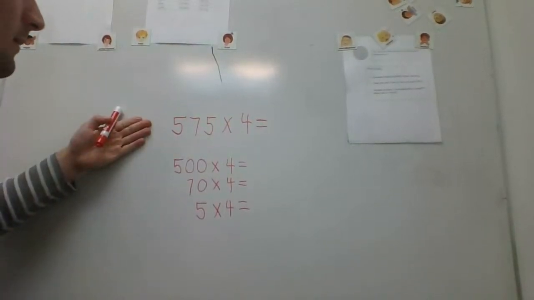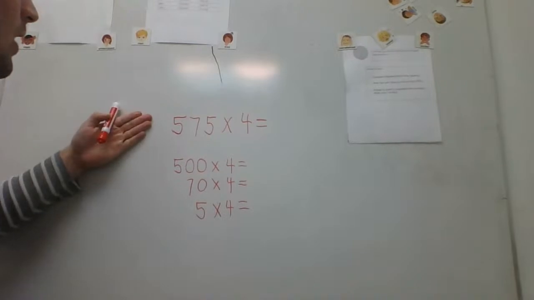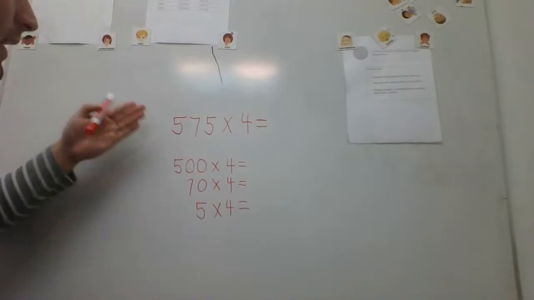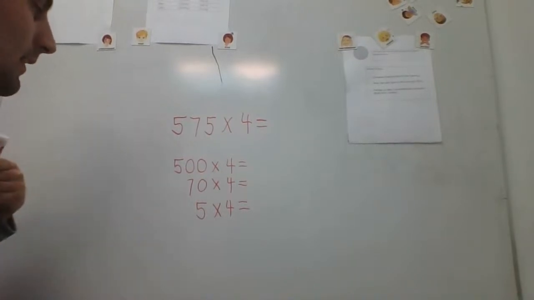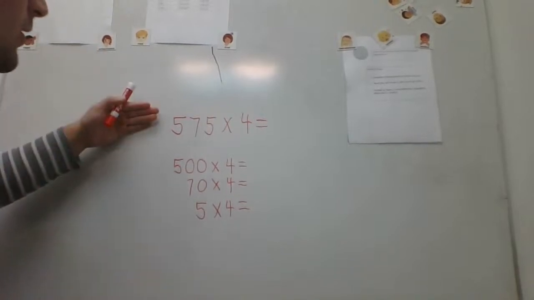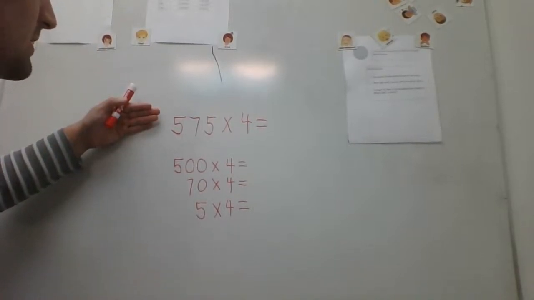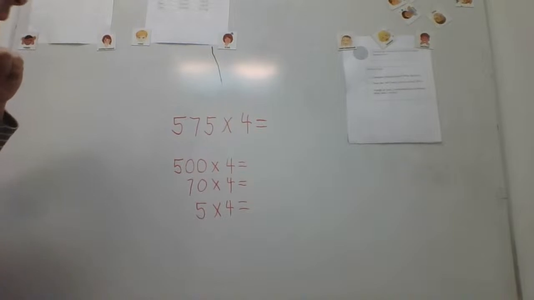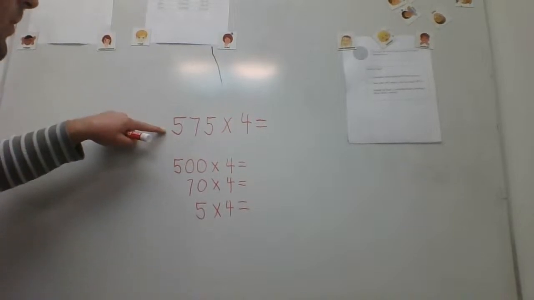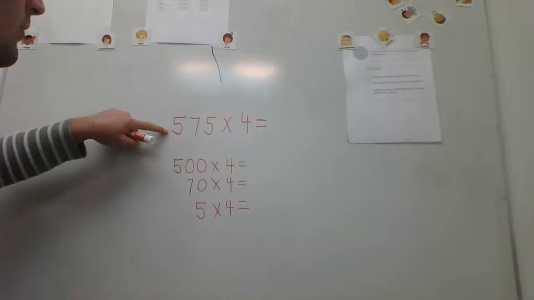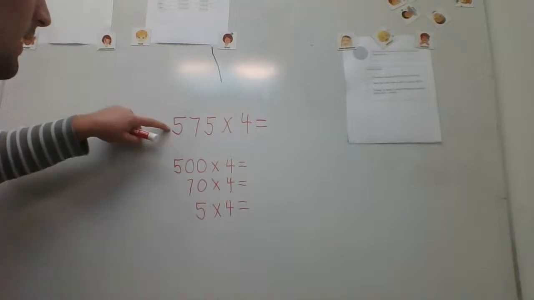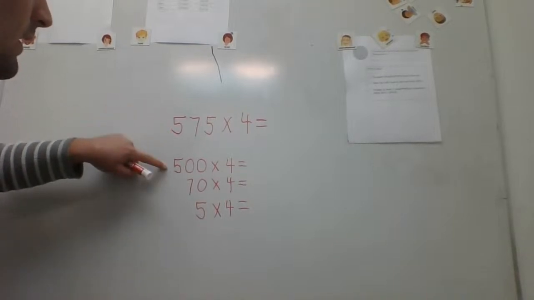So the partial product method basically builds off what we already learned about writing numbers in expanded form. We have 575 times 4. If you notice, the digit in the hundreds place is a 5. That 5 has a value of 500.